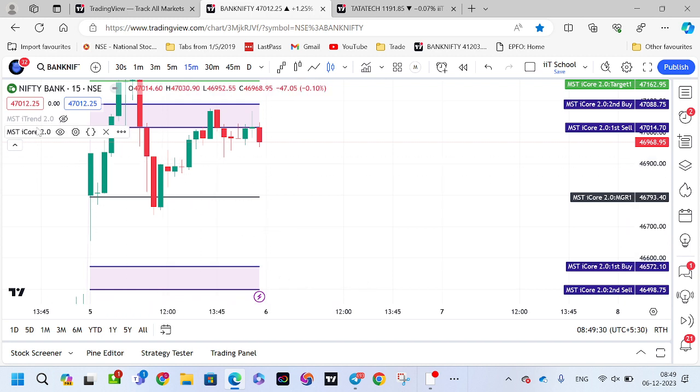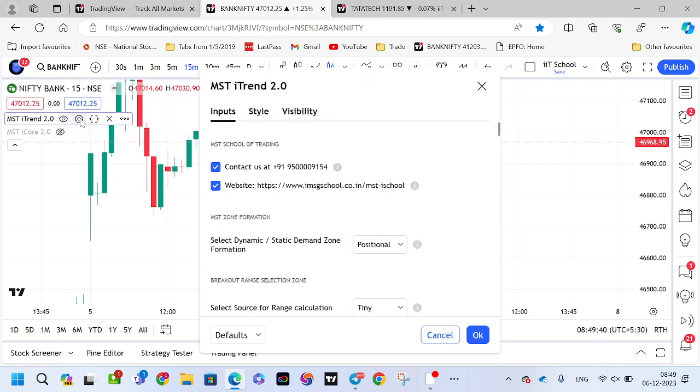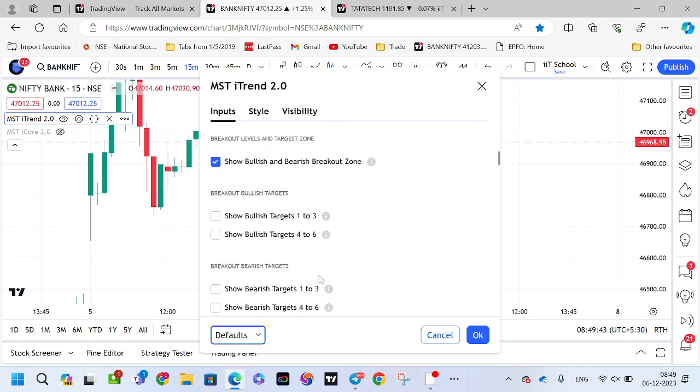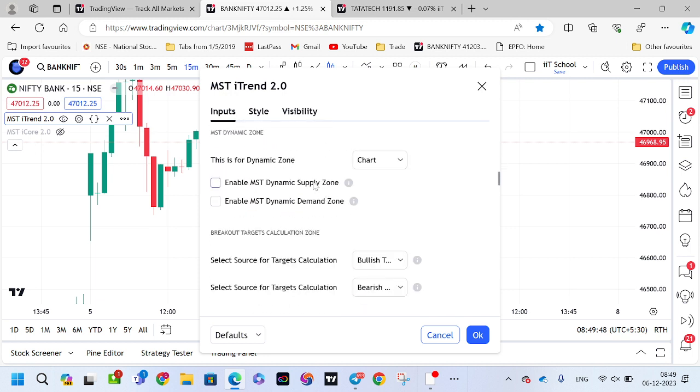Okay, let me show you how we can use this iTrend 2.0 for positional strategy. So here I have given something called dynamic zone, dynamic supply zone and dynamic demand zone.